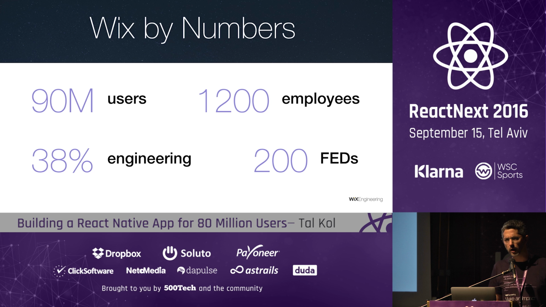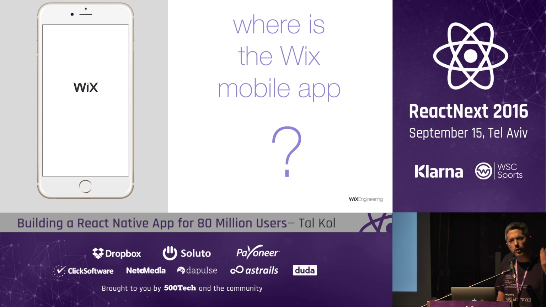And as we said before, mobile is important. And this brings us to the very interesting question, where is the Wix mobile app? If you would have looked in the app stores up until a few months ago, you would have seen that there is no mobile app for Wix. And this is very surprising. And I think this really gives you a good example of the absurdity of doing mobile today.